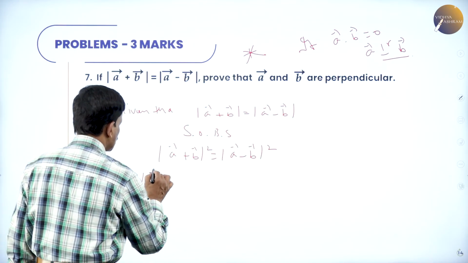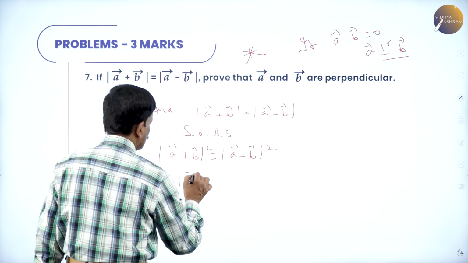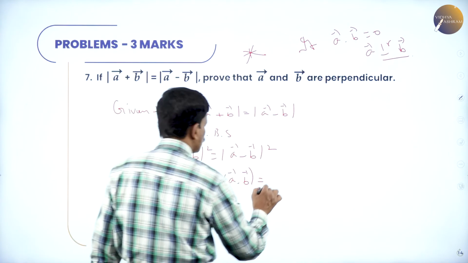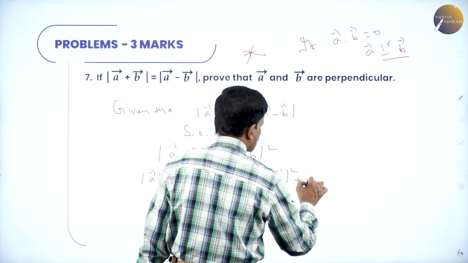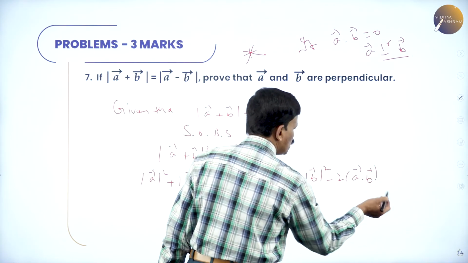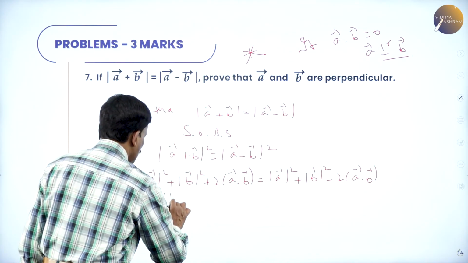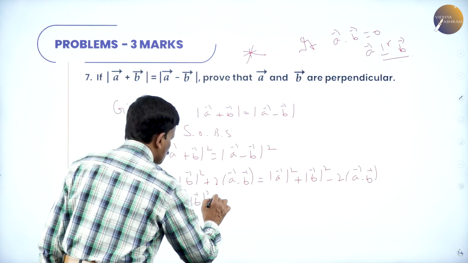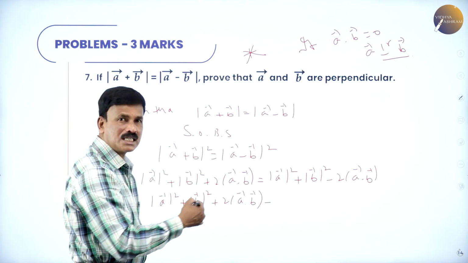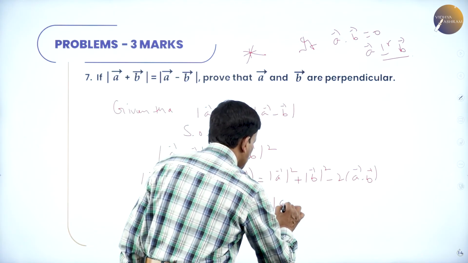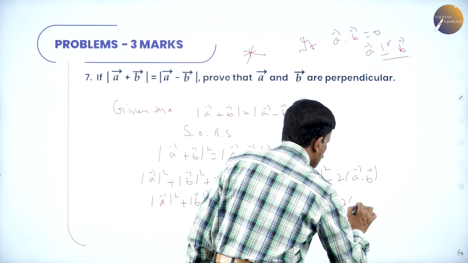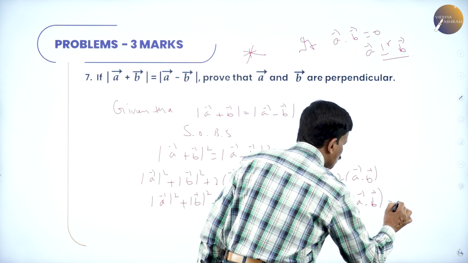This can be written as length of A square plus length of B square plus 2 times A dot B is equal to length of vector A square plus length of vector B square minus 2 times A dot B. Transfer this to left hand side. Length of A square plus length of B square plus 2 times A dot B will remain the same. Minus, transfer to the left hand side, plus becomes minus length of A square, minus length of B square, minus becomes plus 2 times A dot B is equal to 0.